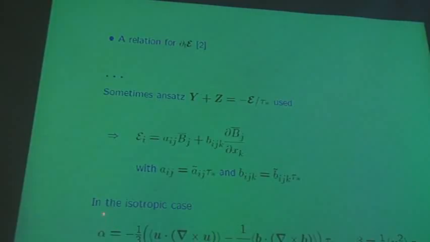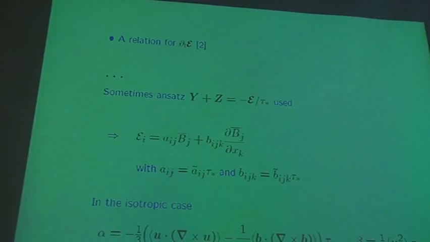So this is an interesting relation. In the isotropic case, you can reduce it immediately to this relation. A contribution given by the velocity field and a contribution given by the little b, and for both the same time constant t asterisk. For beta you get only one term.